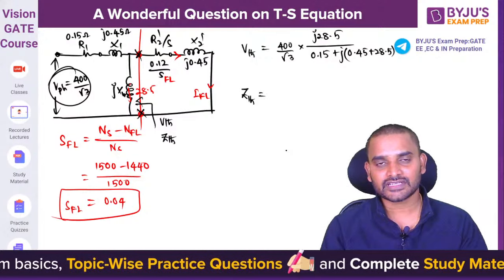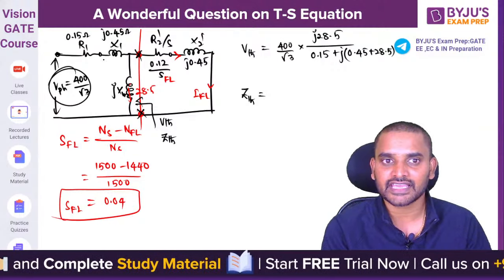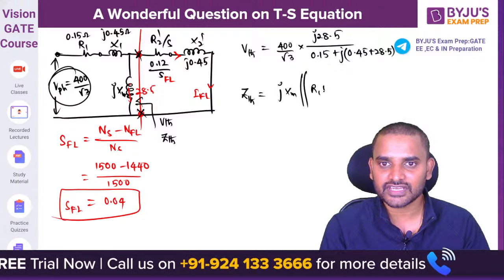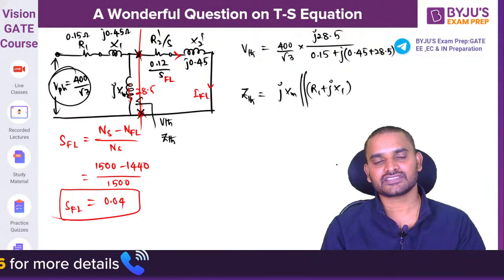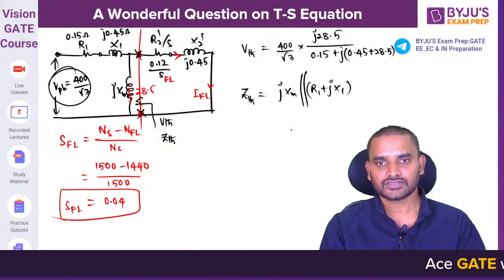And similarly, you can solve for Thevenin's impedance. If you look from these two terminals, short the voltage and calculate. So JXM is in parallel with R1 plus JX1. So how do you get this?